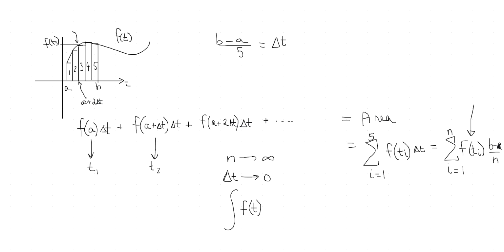And the delta t here, the interval of each rectangle, has now gone to 0, but we're going to use what we call a differential dt to represent this infinitesimally small rectangle width. Now, this summation here has a special name.